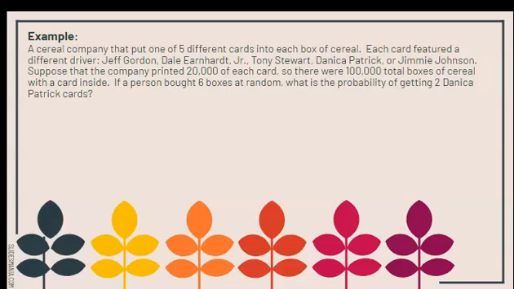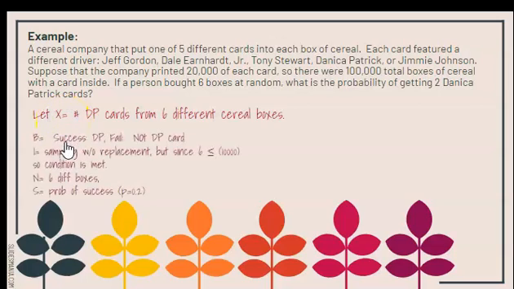All right, so the first thing I have to do is decide what I am looking for. Well, X is, in this case, the number of Danica Patrick cards that I got out of 6 different cereal boxes. I've defined what X is. Now I need to decide, is X going to be a binomial random variable? So I check BINS. A success is getting a Danica Patrick card.